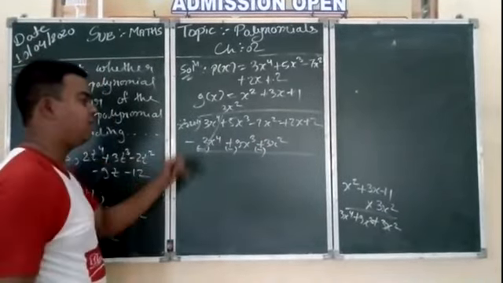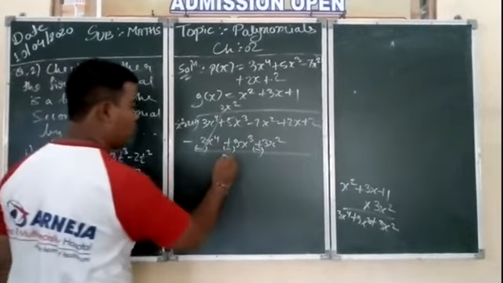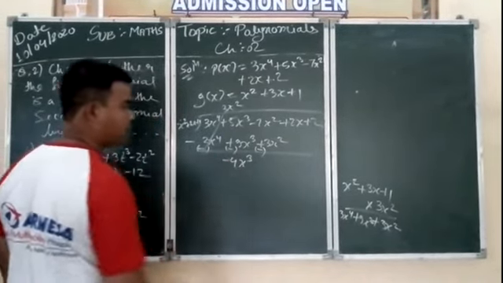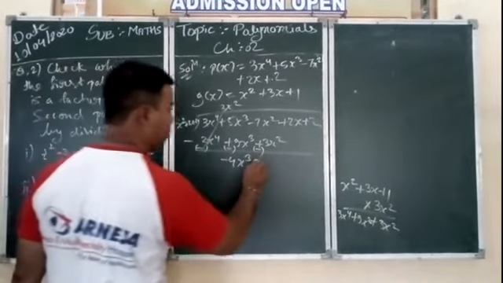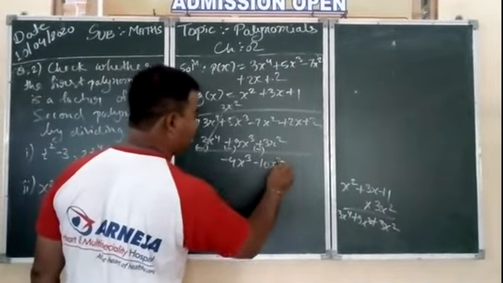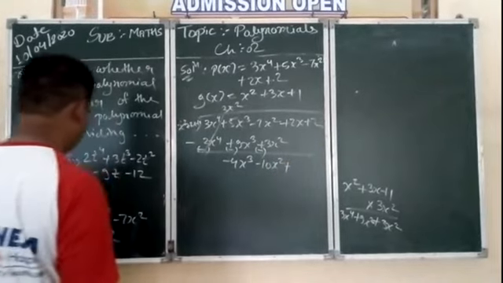Right? 5 minus 9 is minus 4x cube, and minus 7 minus 3 is minus 10x square, and plus 2x plus 2.